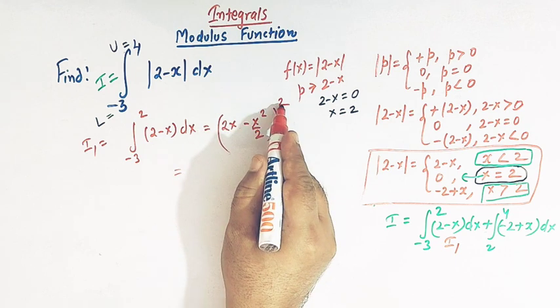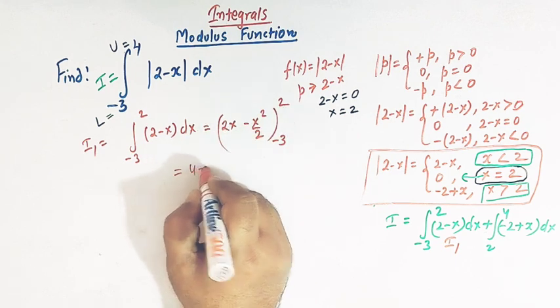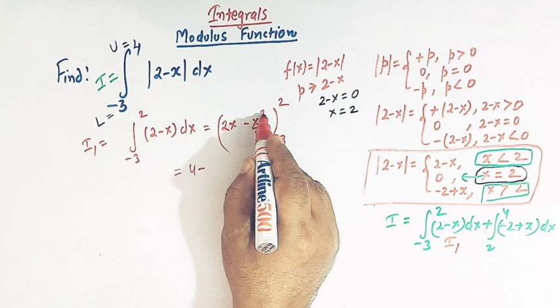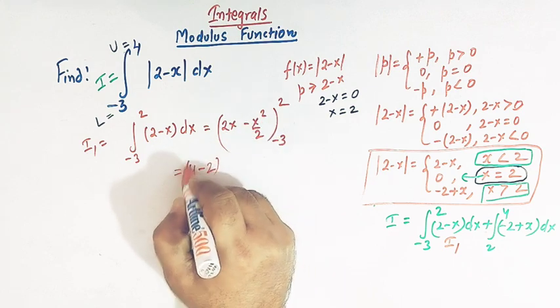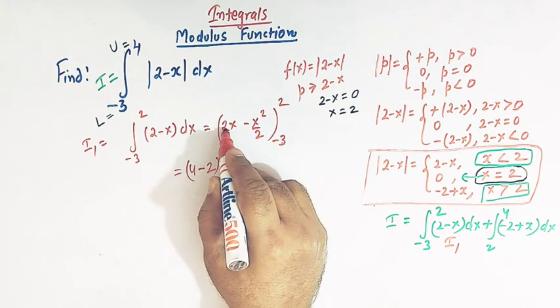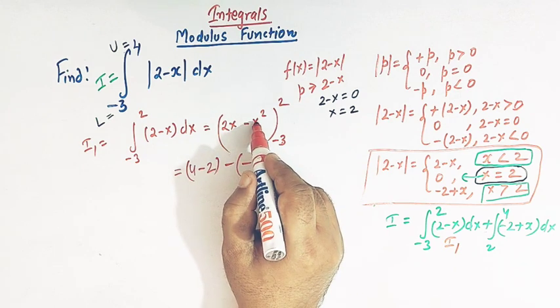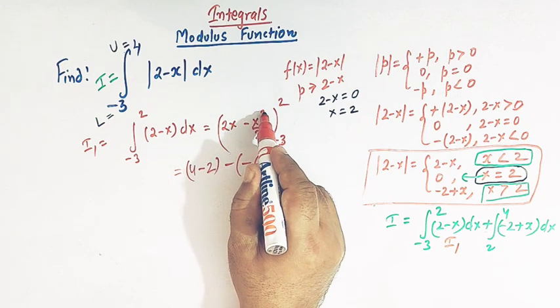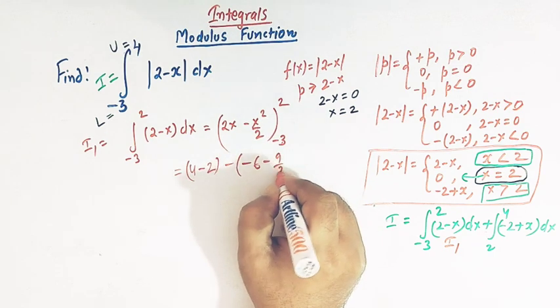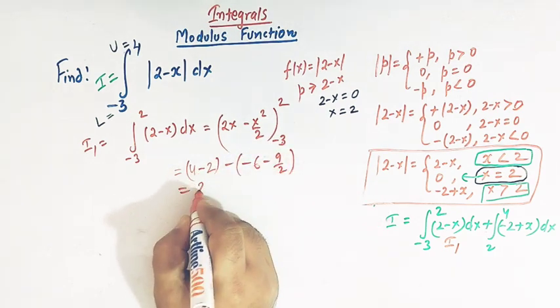So now let us substitute the limits here, and we'll take the difference. So first we'll take 2. So this is 4 minus 2 square is 4 over 2, that is 2. And here we have minus 3 times 2, minus 6. Then we have minus 3 square is 9, 9 over 2, right? So this is 4 minus 2 is 2.